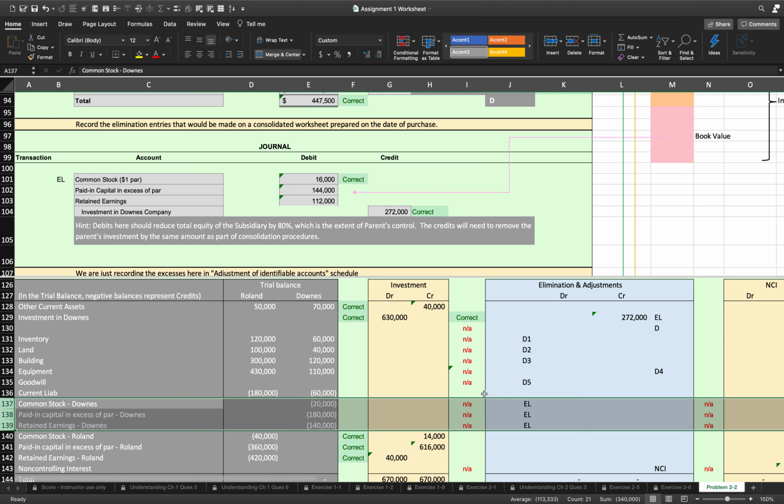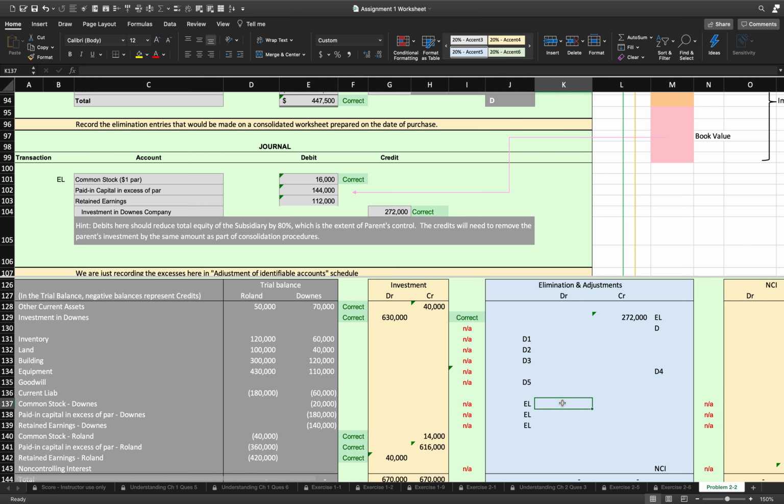And again, this is common stock for Downs, paid in capital, and retained earnings all for Downs, and that's exactly what we see up here is what we're going to reduce. And so that goes down there, and I'm just going to go ahead and copy this down below just because I note that the remainder is pretty much similar from here to here.